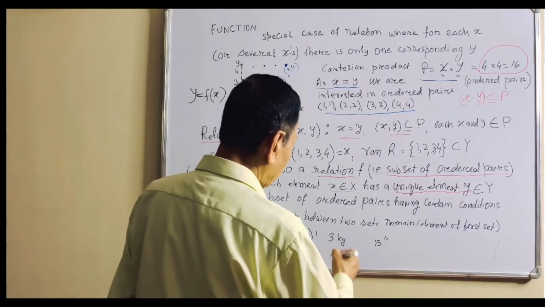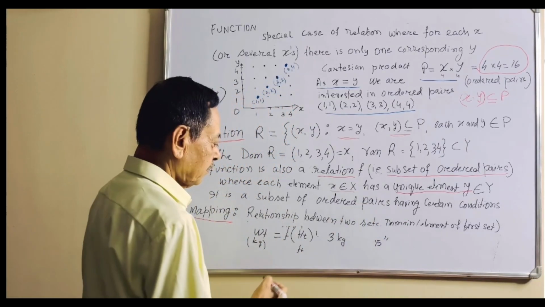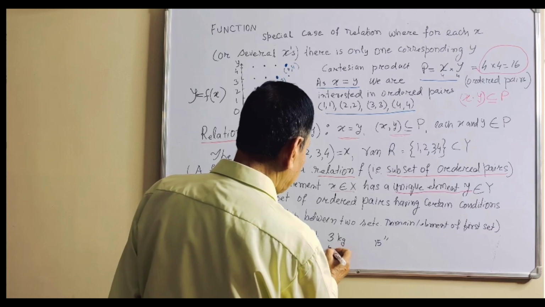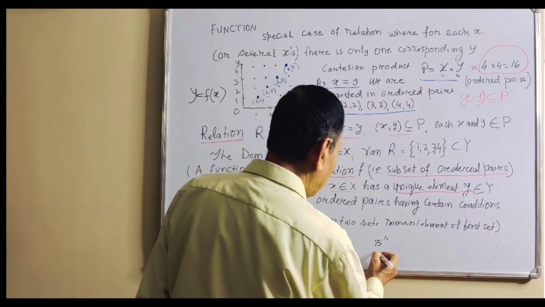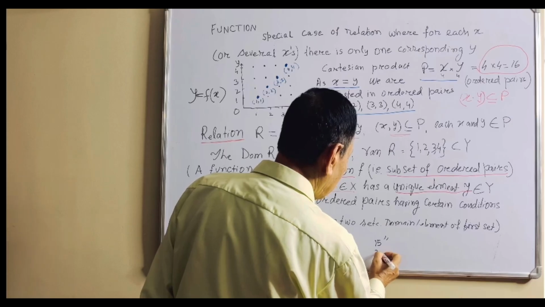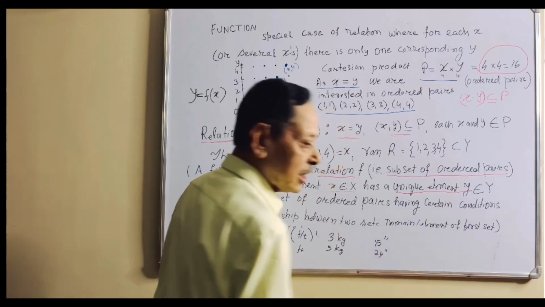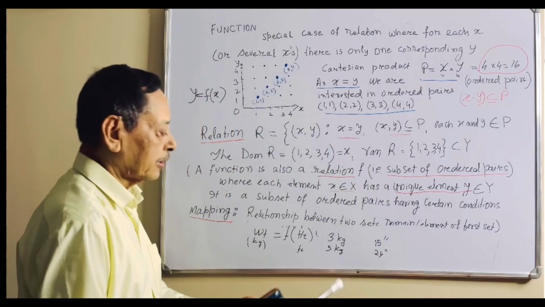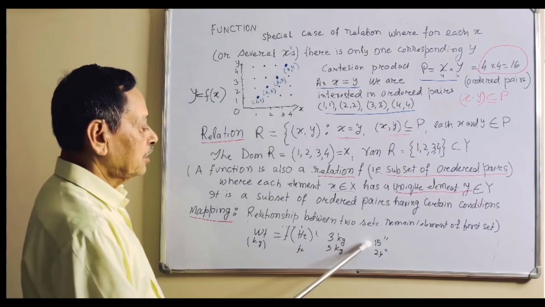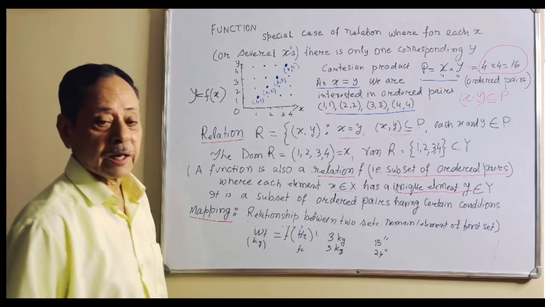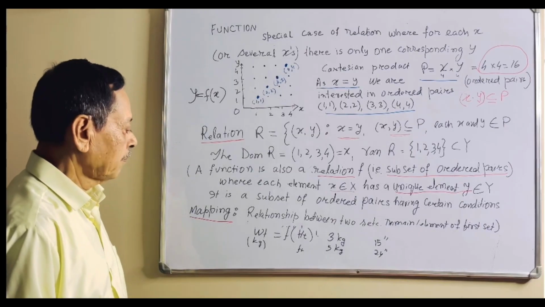Then when it increases, suppose it is 5 kg, maybe 24 inch, like that. So we will go on. So these are the pairs. This is one pair and this is one pair, and so on.